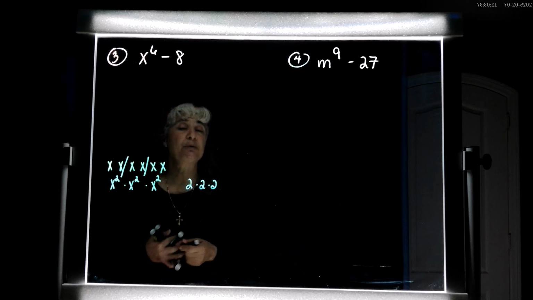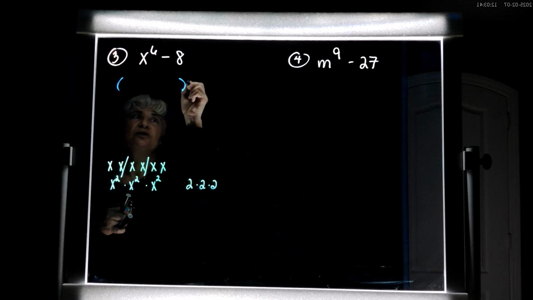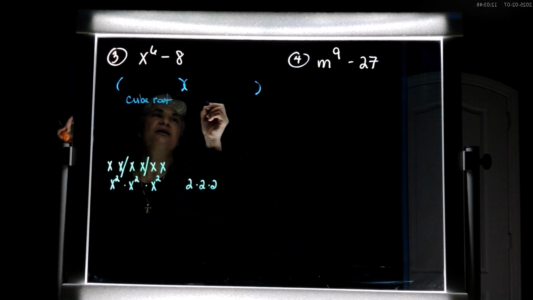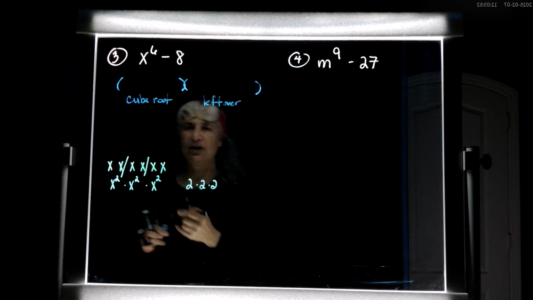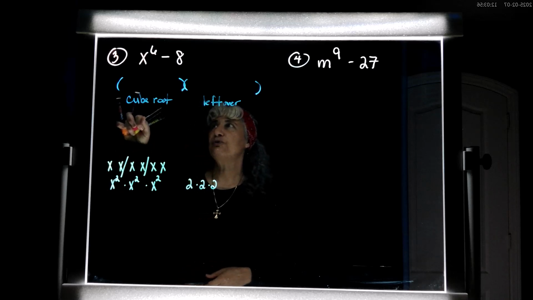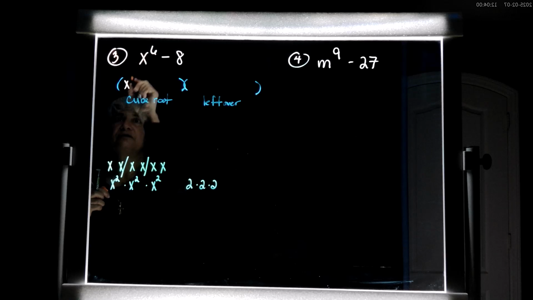Here we go. What do you want me to write first? Write 2 parentheses. What's the first parenthesis called? Cube root. Got it. What's the second one called? Leftover. Excellent. Now what? The cubed root of x to the 6th is x squared.